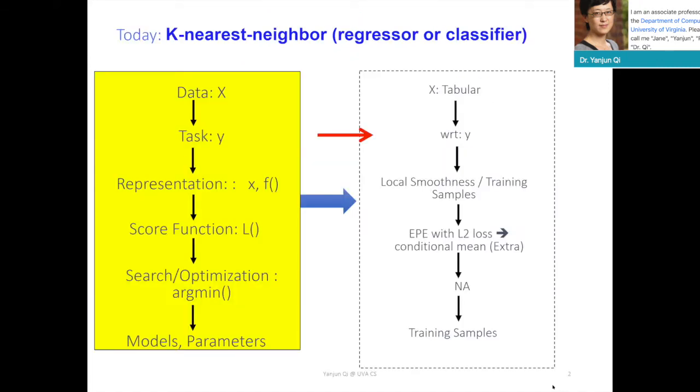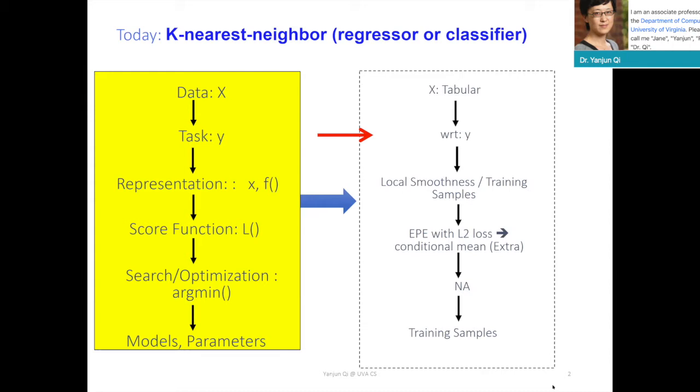All right, so let's look at our nutshell. The kNearestNeighbor, as I said, can be used for regression and classification. So in the task module, it really depends on what your data is and what target variable you care about.